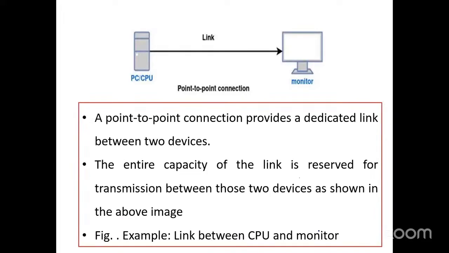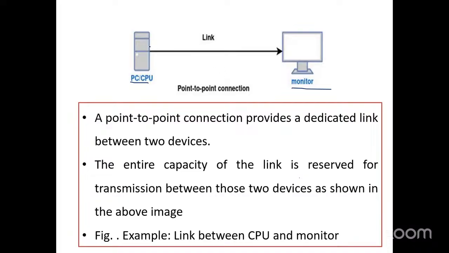See the first one, point-to-point connection, or point-to-point configuration. With the help of this image, you can understand the concept easily. For example, we have one device and a second device. Let me give a simple example. We have a CPU and a monitor.